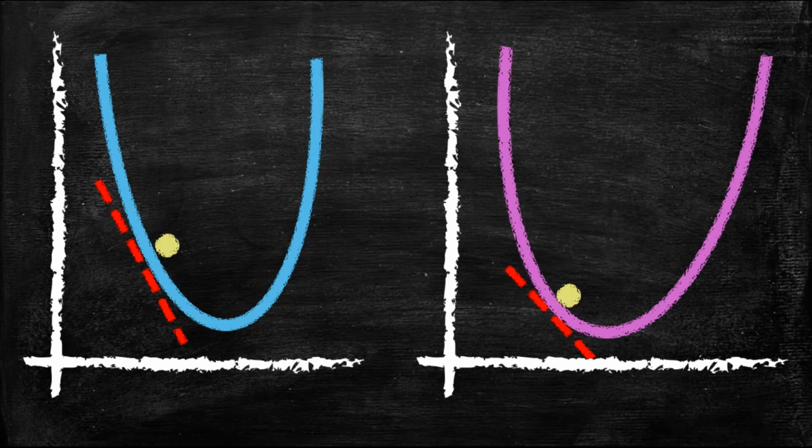Those derivatives tell us what the slope is at the point we are at right now. What we're trying to do with gradient descent is get to this green line right here, where there is no slope. We are at the very bottom, and the ball essentially wouldn't be moving anymore. And that's all it is. That is gradient descent. It's just trying to descend down this gradient in order to get to the lowest point with respect to all axes.